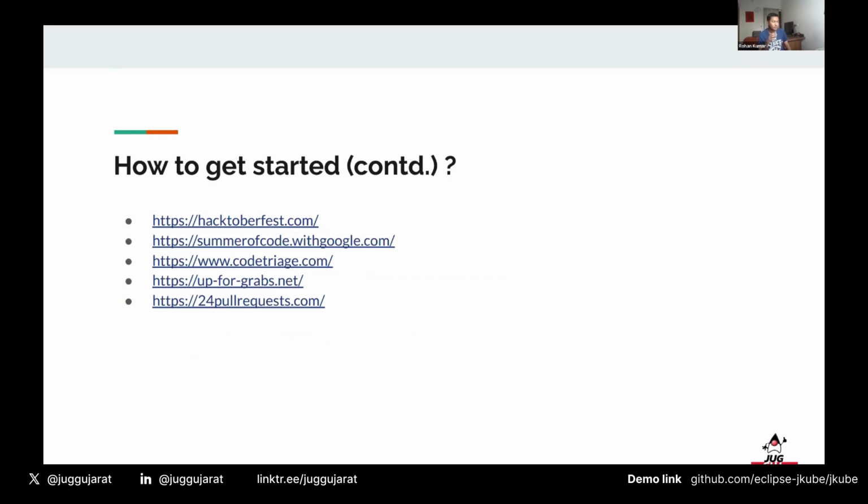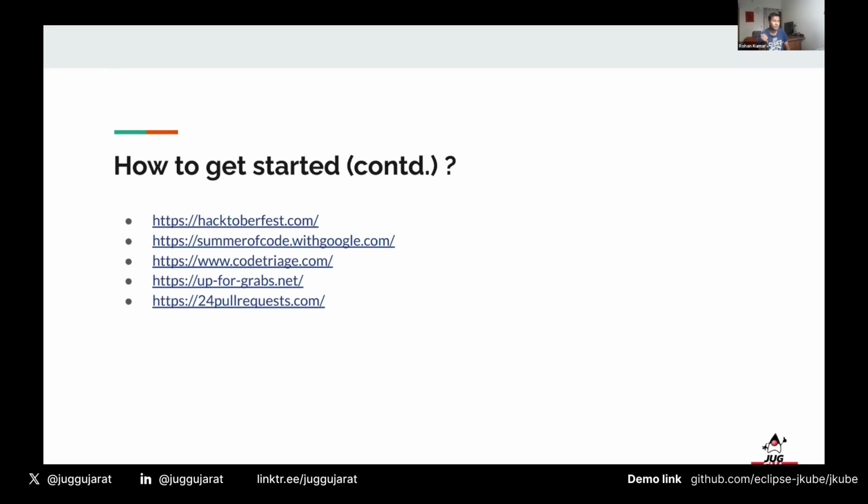So there, okay, how to get started. There are several programs that have been created for people to get involved with open source. Hacktoberfest is a really famous program. It's been going on for a few years now, and there is a massive participation from students and newcomers.